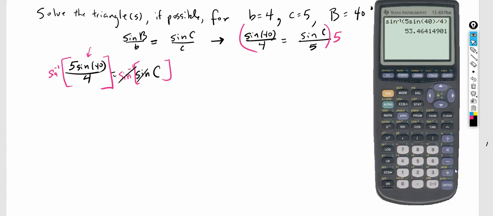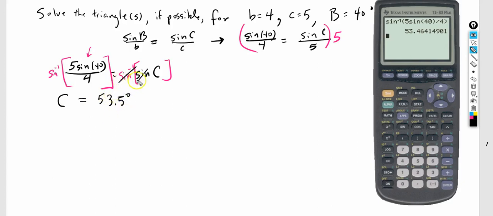And if we're not told how much to round to, you take angles to 1 decimal place. So we have a possibility that my angle C is 53.5.